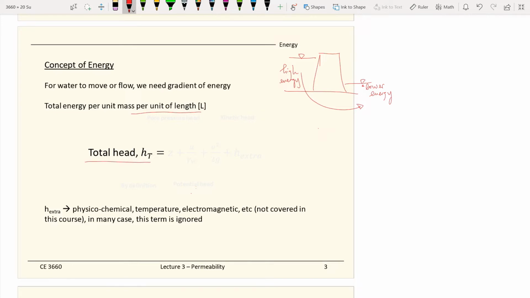So the head, a unit length, represents the amount of energy, and the total energy is made up of a couple of parts. First, we include the elevation part, the elevation head. So the total head comes from the elevation head and also the potential head.